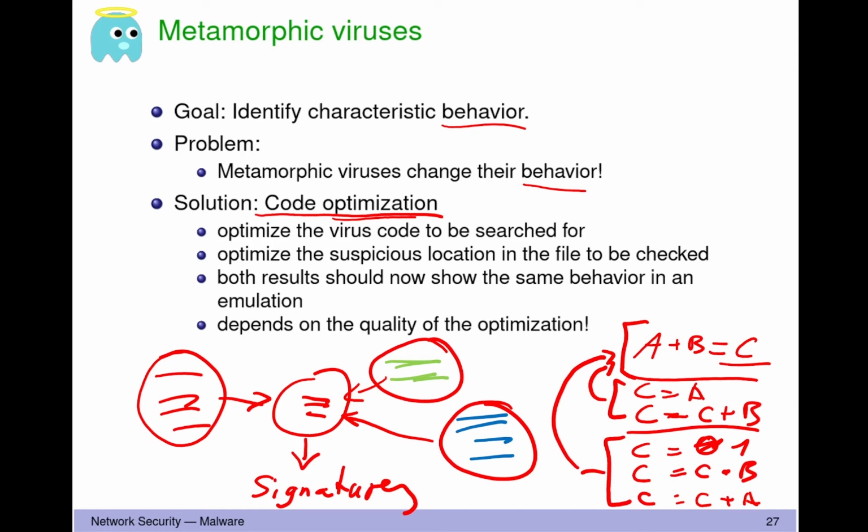It depends on the quality of the optimization, how well you can do this, how many alternative approaches you can identify. But it's a way to address this variety of code types that do the same thing.